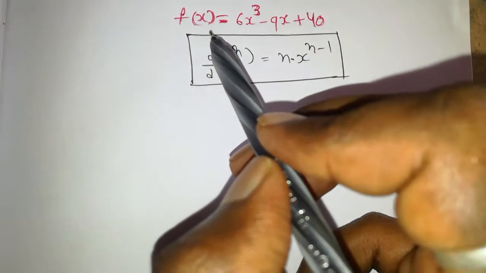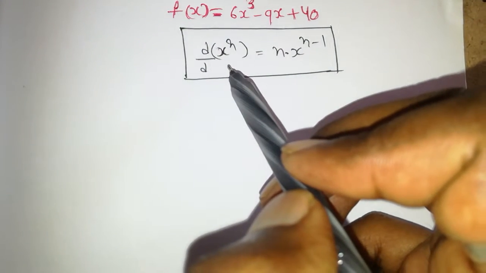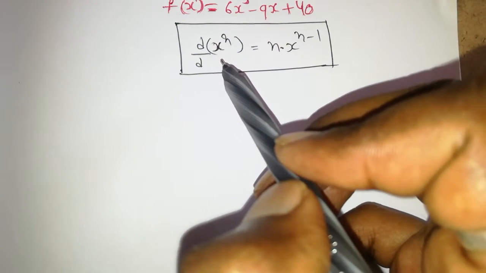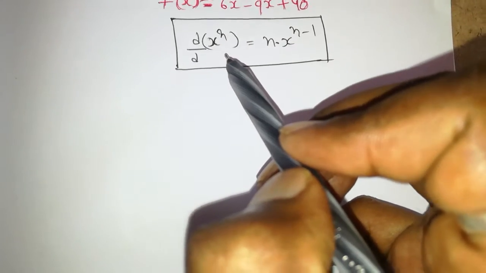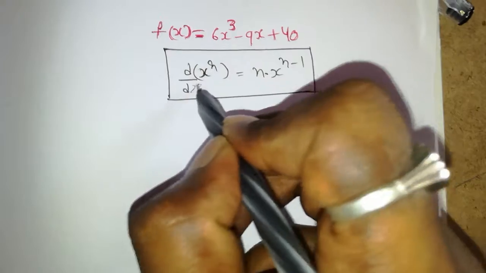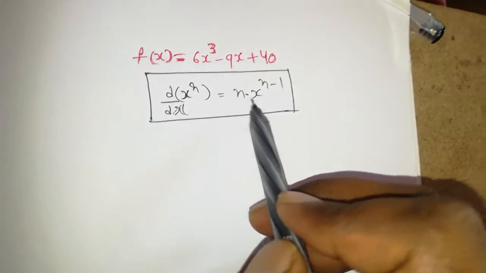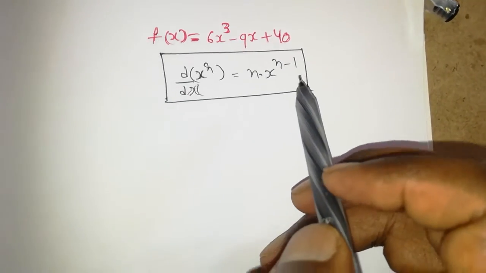To find the derivative of this function, we use the standard formula of d by dx of x power n equals n into x to the power of n minus 1.